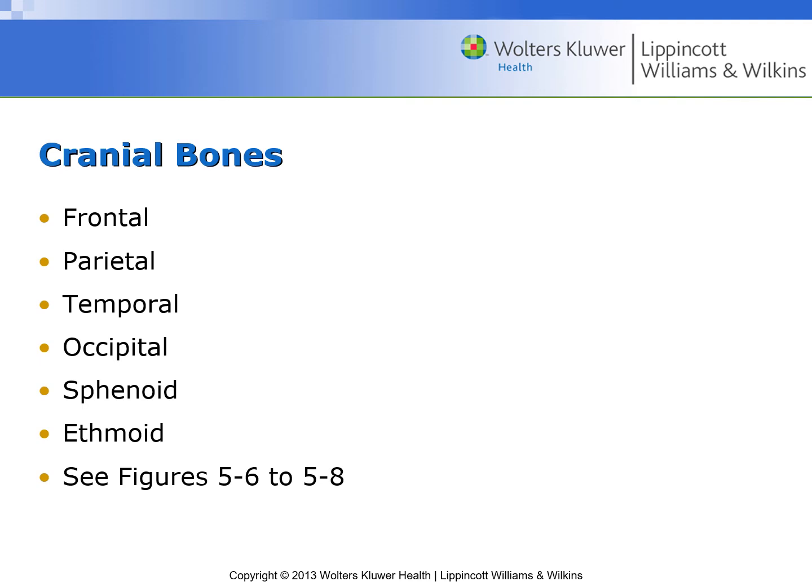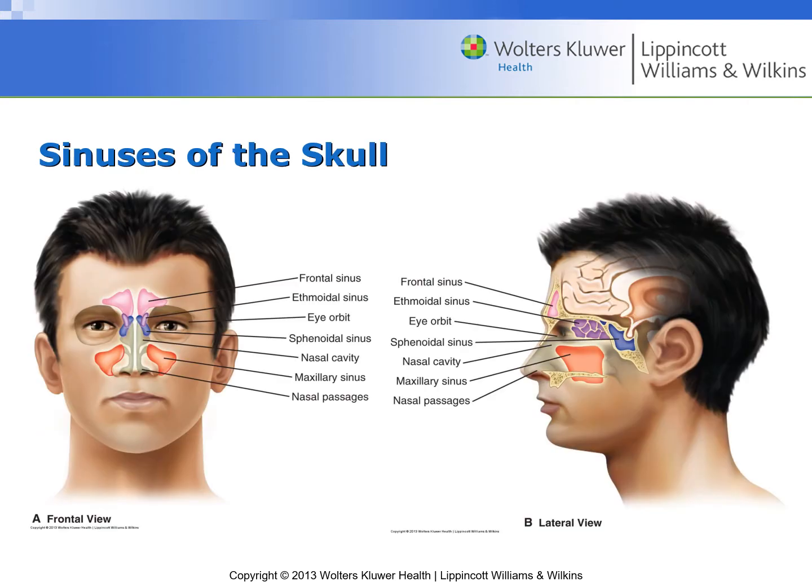So now let's name the cranial bones, or the bones of the skull or the cranium. We have the frontal, the parietal, the temporal, the occipital, the sphenoid, and the ethmoid. And here in both illustrations, we see the sinuses of the skull.